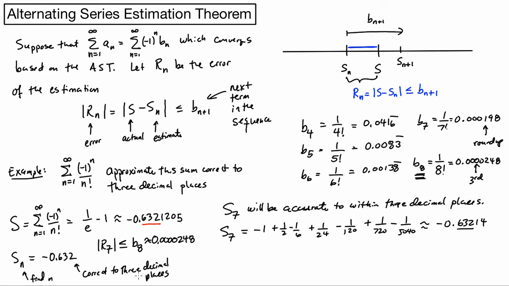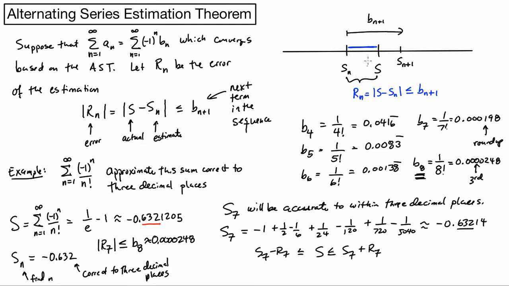But this allows us to create a range of values that the sum might take on. We know the sum has to be less than or equal to S7 plus R7, and the sum has to be greater than or equal to S7 minus R7.